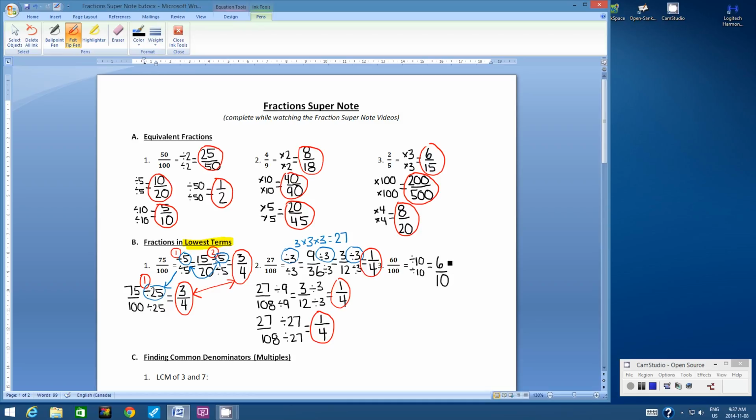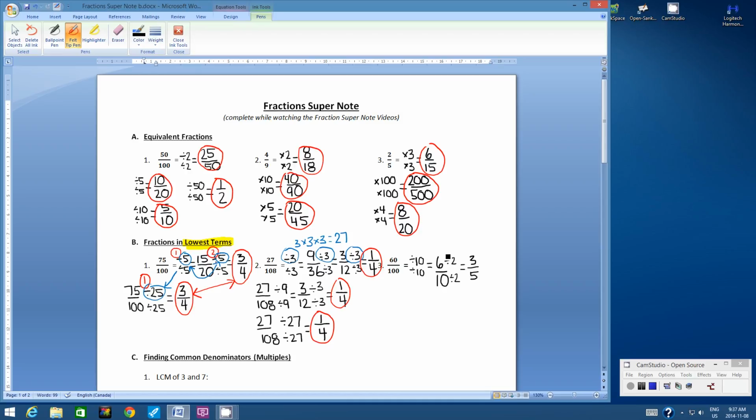But let's look at this fraction. Is it in its lowest terms? Well, it can't be because both the numerator and the denominator are even numbers. So we know that they can be divisible by 2. So why don't we divide by 2? And when we work this out, we should get 3 over 5, since 10 divided by 2 is 5.